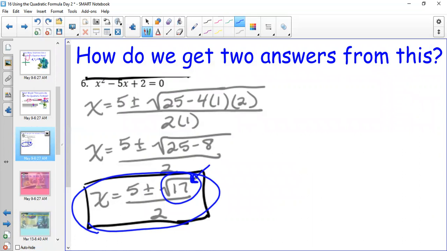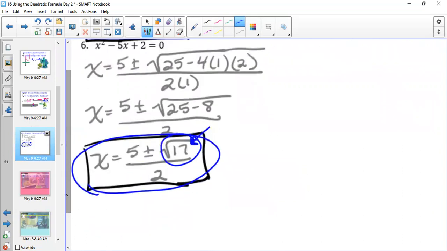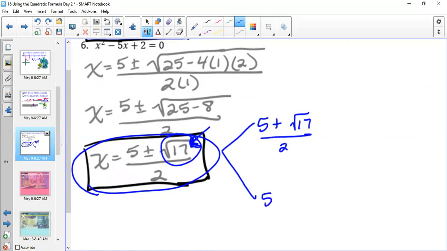So our two answers here are going to be irrational, but we're going to get a good estimation of them. When the square root is not a perfect square, we still break it up into the two problems: 5 plus the square root of 17 over 2, and 5 minus the square root of 17 over 2.